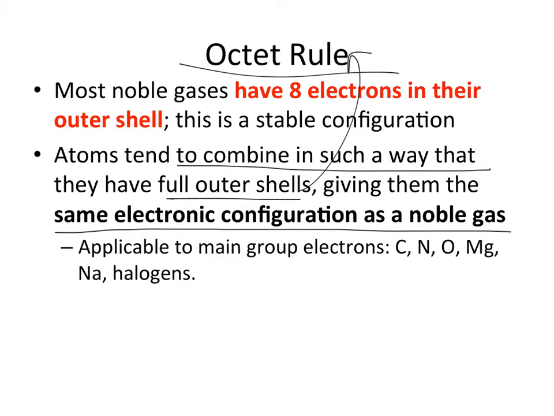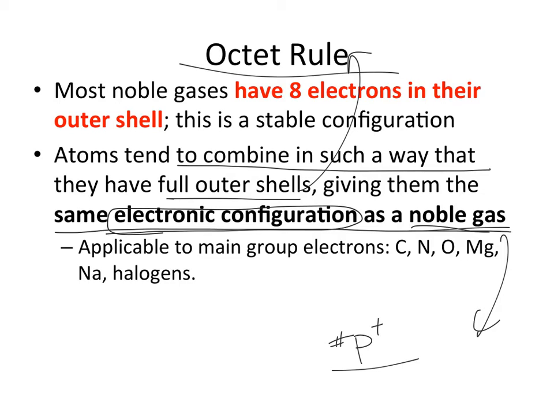No, that's not true. They actually have the same electronic configuration, aka the same outer shell as a noble gas. But remember that they can't become a noble gas because what represents the identity of an element is the number of protons. The number of protons don't change, it's just the number of electrons that they hold. So they cannot become a noble gas, but they have the same electronic configuration as a noble gas.